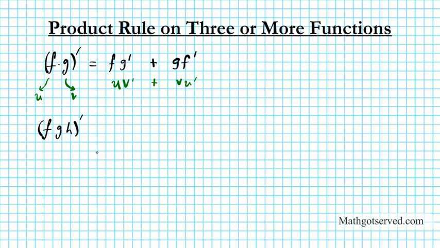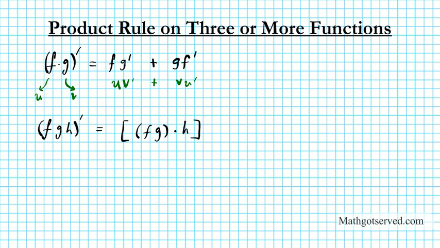So I'm going to apply the product rule here by grouping the first two functions as one, and then the last function as one, okay? So I'll rewrite this as the derivative of, let's group the first two, f times g, assume this is a function, times h, okay?